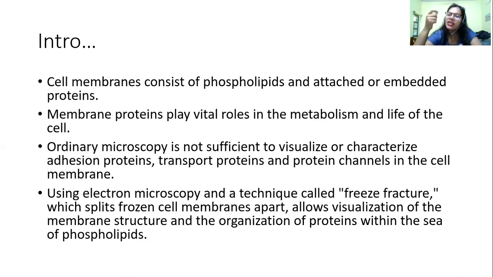So in order to study the proteins and lipids present on the plasma membrane, you need higher magnification, and for this we use electron microscopy. Using electron microscopy and a technique called freeze fracture, it will split the frozen cell membranes apart. This allows visualization of the membrane structure and the organization of proteins within the sea of phospholipids.